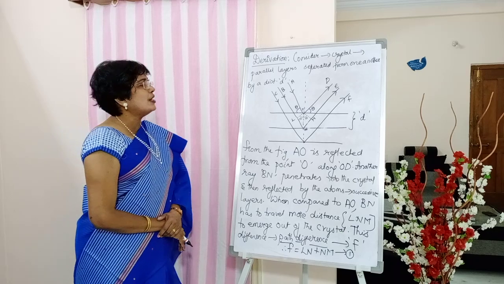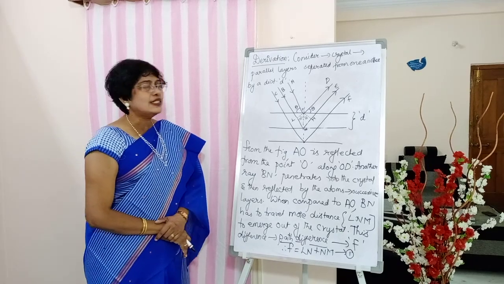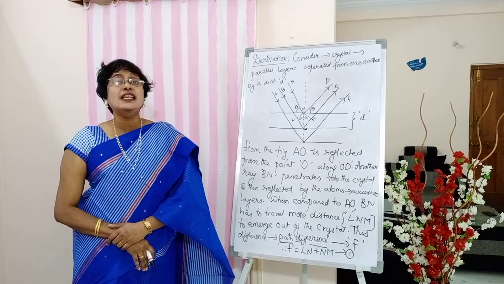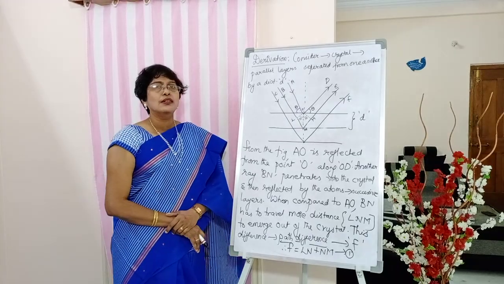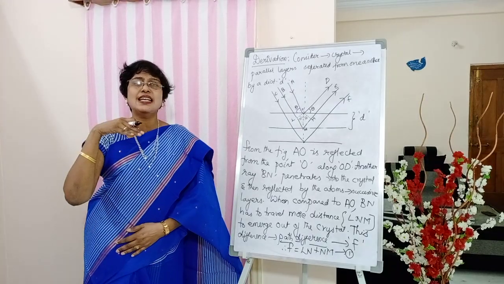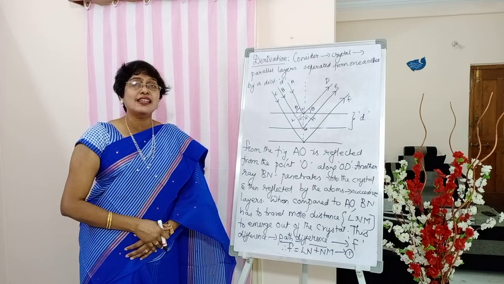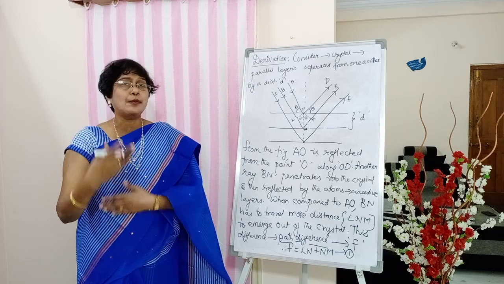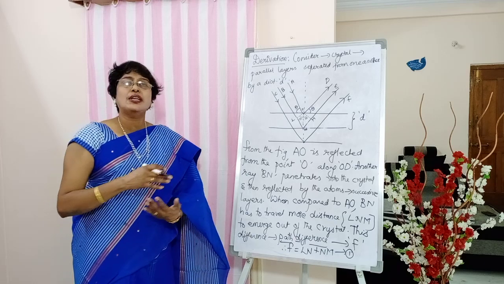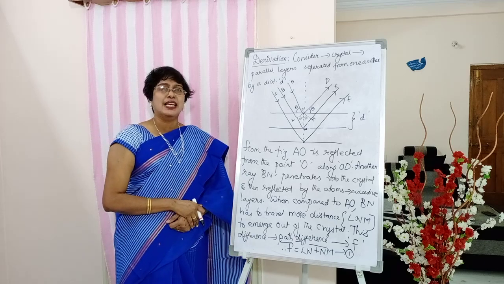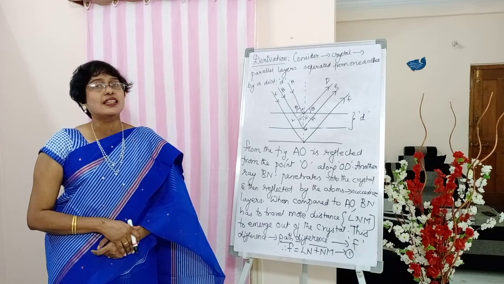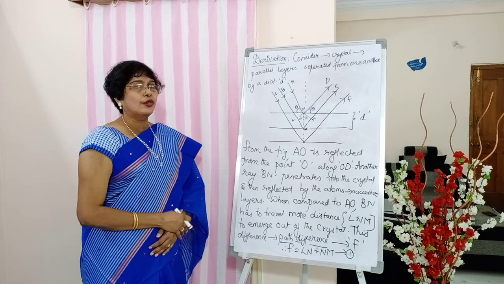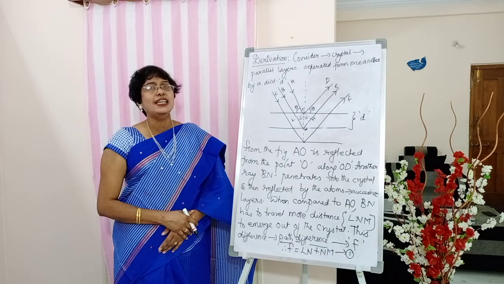Next, coming to the second ray. What is the name of the second ray? BN. Compared to AO, BN has traveled an extra distance. That means it is being absorbed into the crystal. So if we compare AO and BN, BN has traveled a little extra distance than AO to emerge out of the crystal.